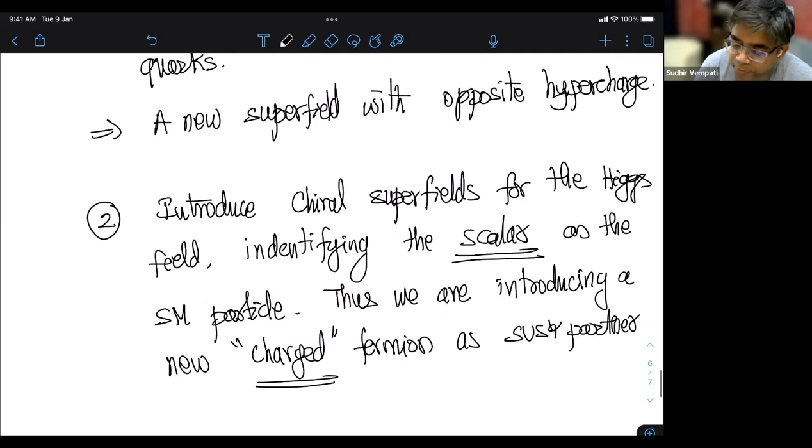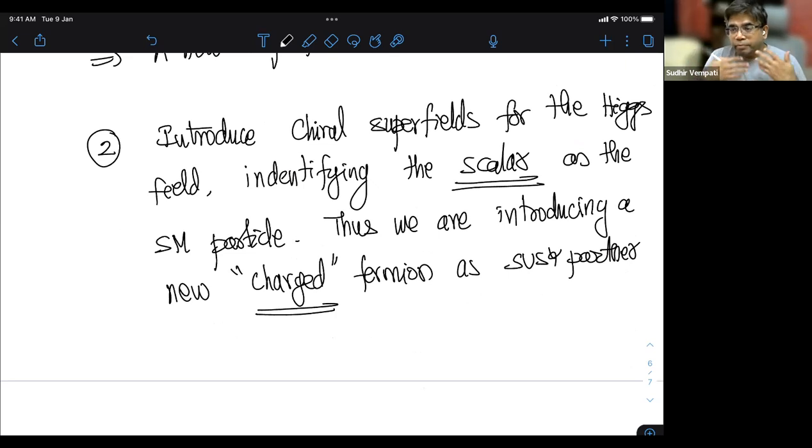If you introduce any new fermion, you will end up having chiral anomalies, because this is a chiral superfield, and the standard model is a chiral theory. So to cancel the anomaly introduced by this particular fermion, you need to introduce one more fermion.